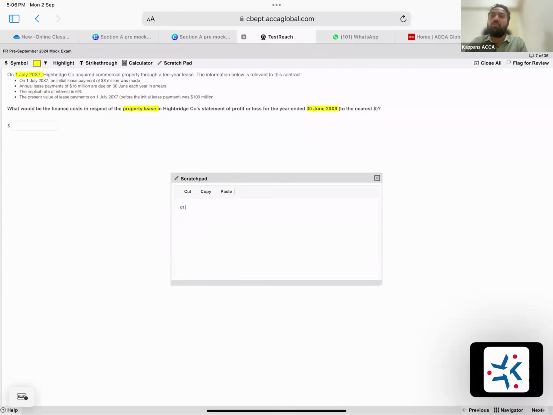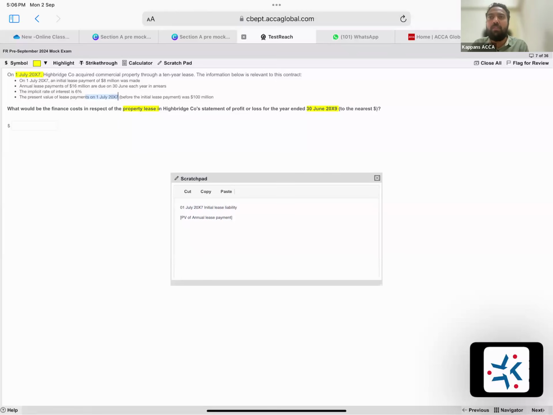So the lease starts on 1st July X7, initial lease liability. You know how to record initial lease liability? Present value of annual lease payment. And how much is that initial lease liability? How much is the present value of lease payment?